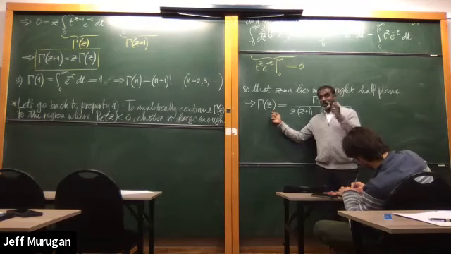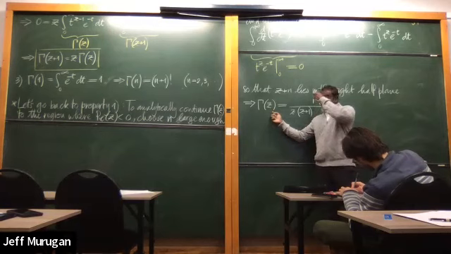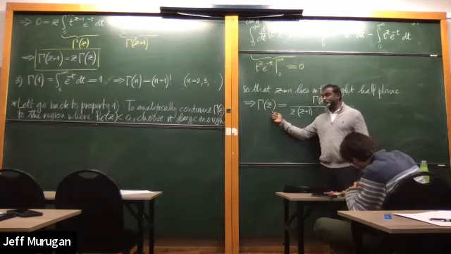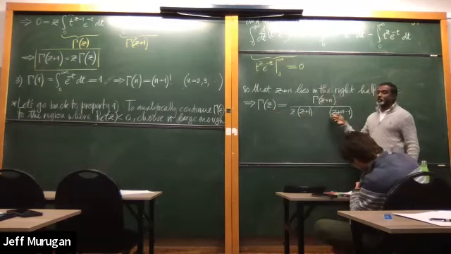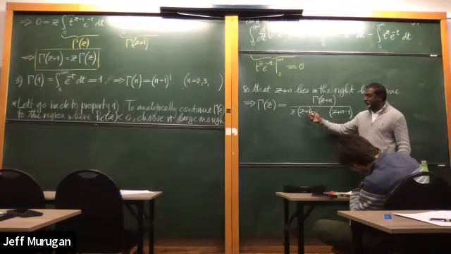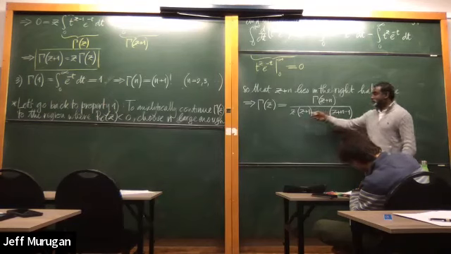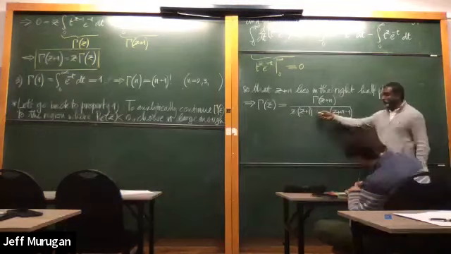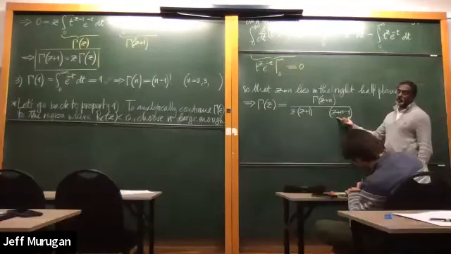And I said that I was going to have a bunch of singularities. Where are those singularities coming from? Well, anywhere that the denominator goes to 0, I'm going to be dividing by 0. Where does the denominator go to 0? Well, at z equals minus 1, z equals 0, at z equals minus 2, minus 3, all the way through to 1 minus n.